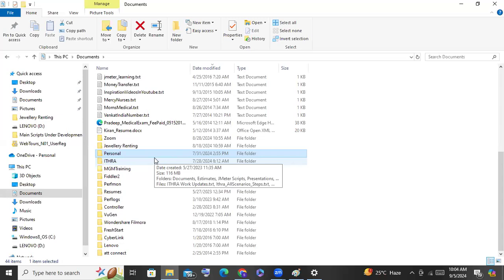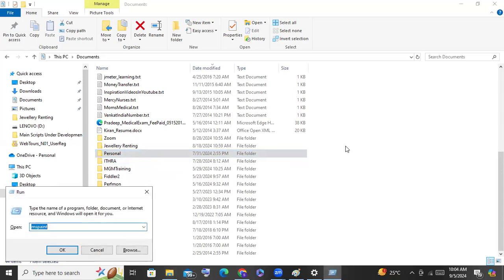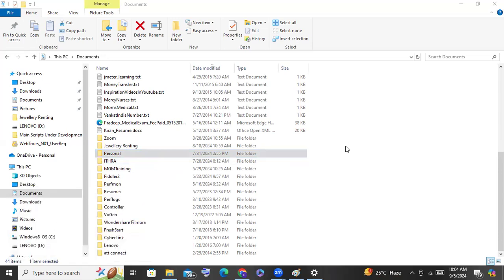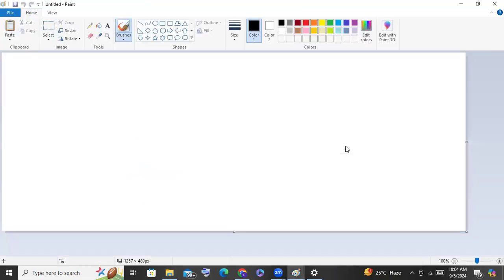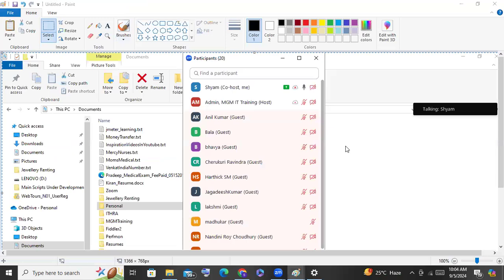Everybody has this kind of folder on their machines? Yes, we have. So what would happen when you have that kind of thing? All your personal information is leaked. Some people also put their banking information in those personal folders.